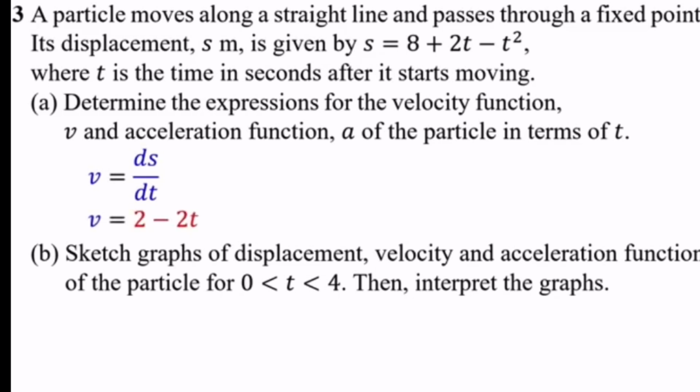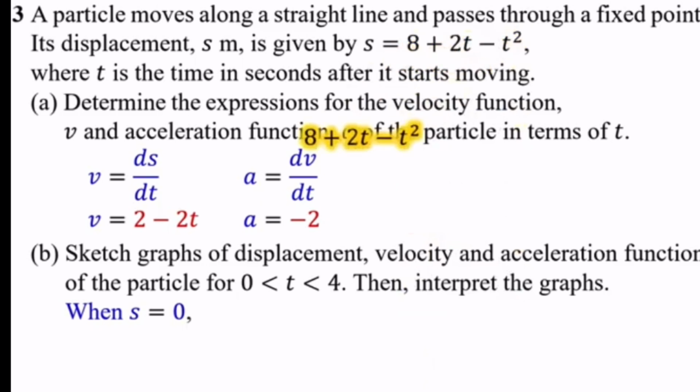Determine the expression for the velocity function v and acceleration function of the particle in terms of t. So in this case, we have to do ds/dt to get the velocity, which is 2 minus 2t, and we have to differentiate the velocity to get the acceleration, which is -2.